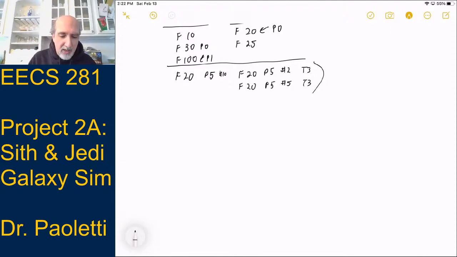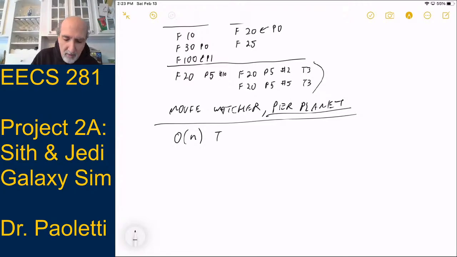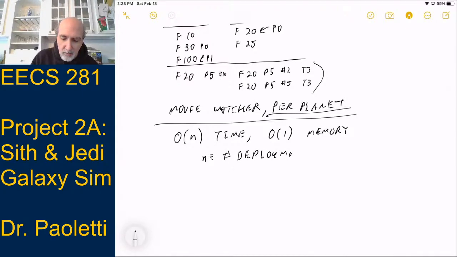So as the movie watcher, per planet, you have O(n) time and O(1) memory, where n is defined as the number of deployments to your planet.